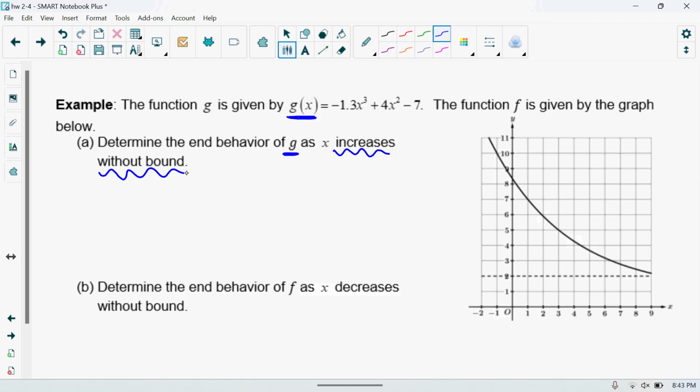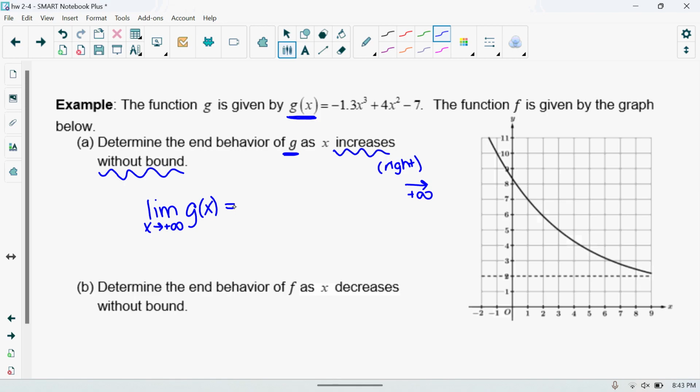So I'm going to start with my limit notation. So limit, which we represent with LIM, for g of x, because I always have to make sure I'm choosing the right function to look at and to write my notation with. X increases without bound, so that means x is going to the right. I'm going to positive infinity. So x approaches positive infinity. And I want to know what this equals.